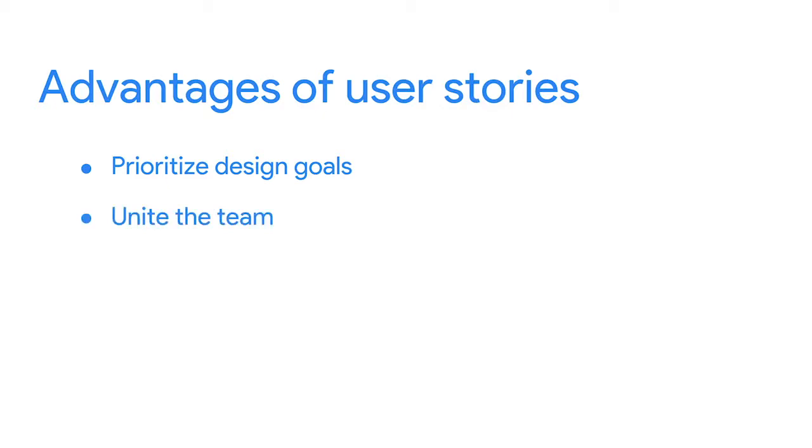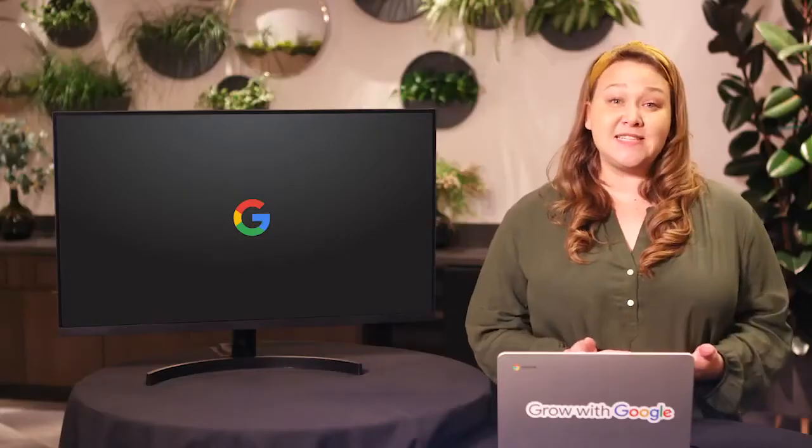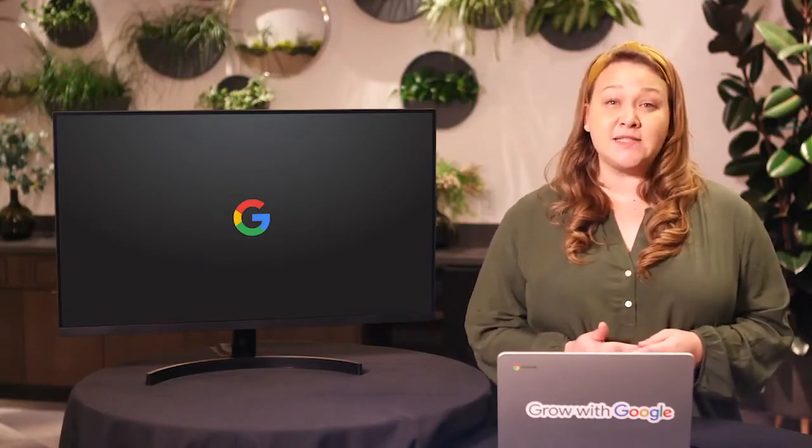A good user story can also inspire empathetic design decisions by making our approach user-centered, also known as user-centric. And finally, user stories personalize pitches to stakeholders. You aren't just presenting your design update ideas, you're demonstrating how the updates will help specific types of people.